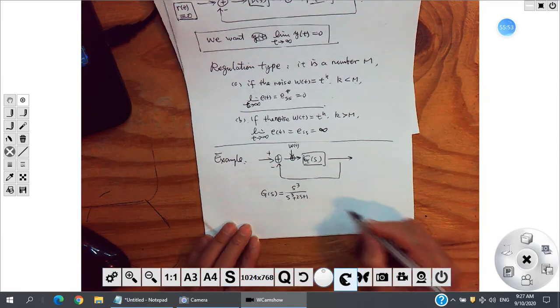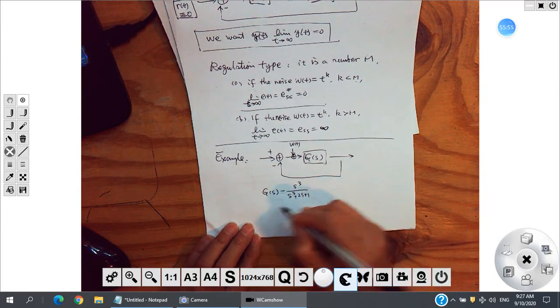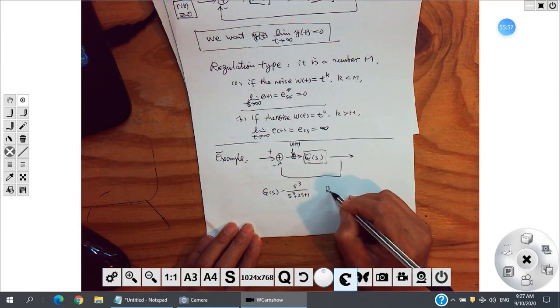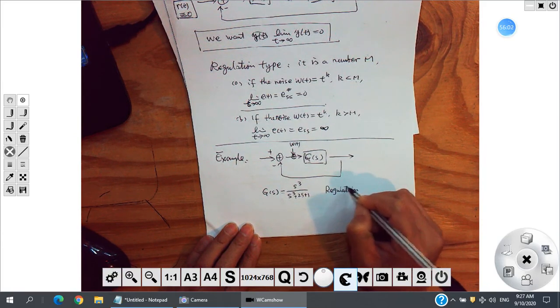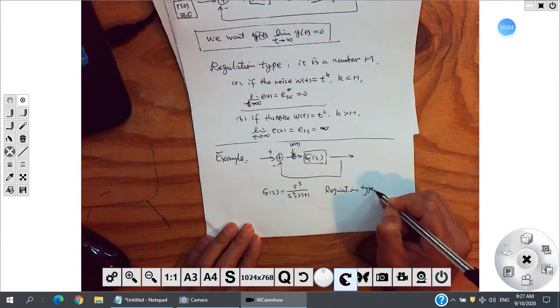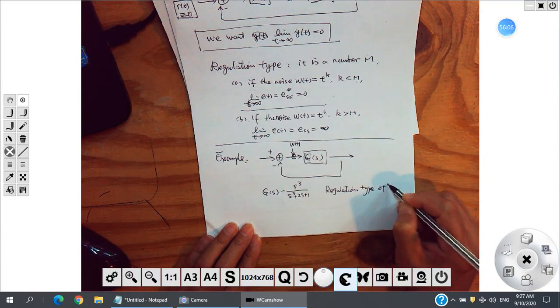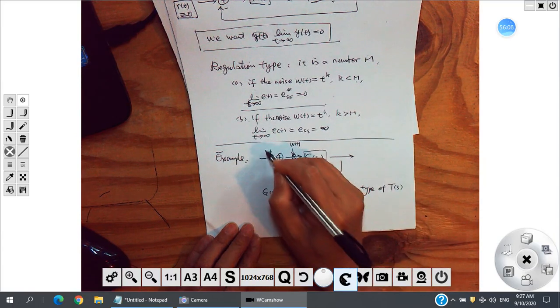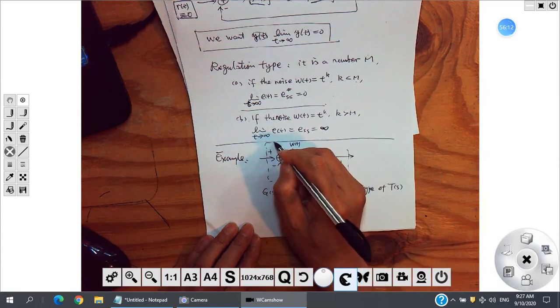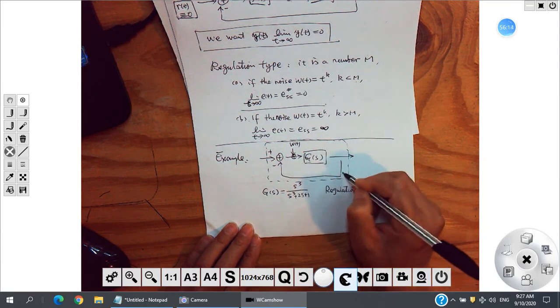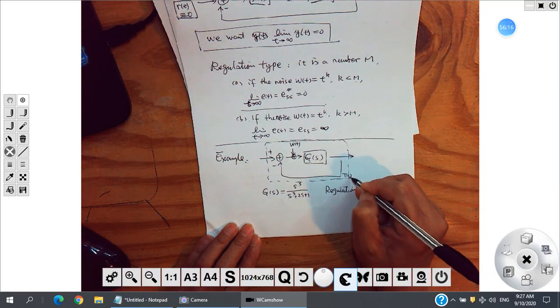And I want to know the regulation type of T of S, the overall system.